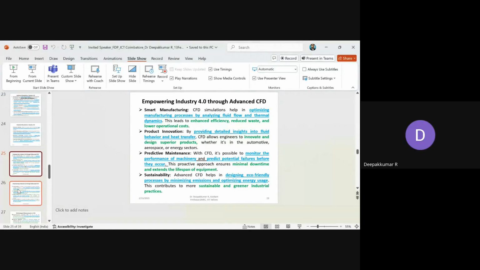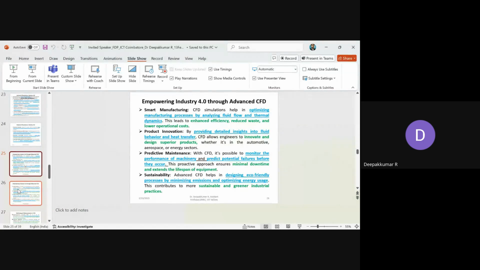Sorry, 25th, yeah. So this leads to enhanced efficiency, reduced waste, and lower operating cost. And another key concept is product innovation.